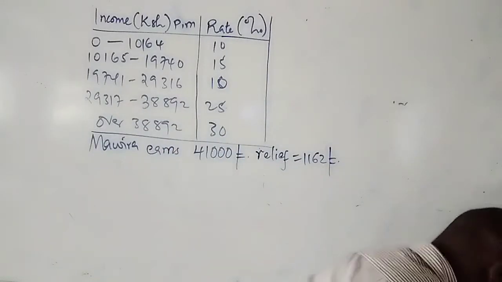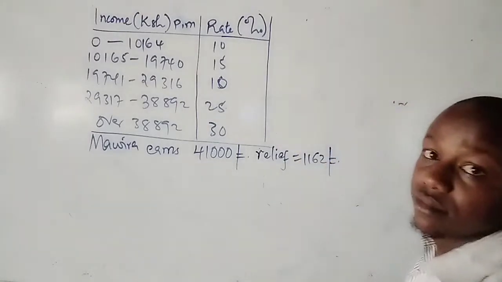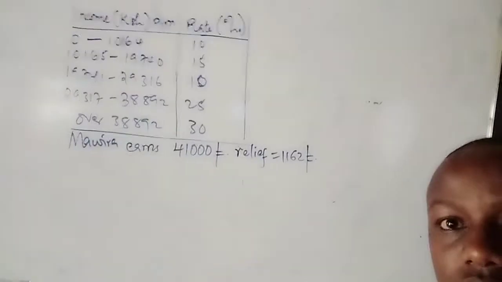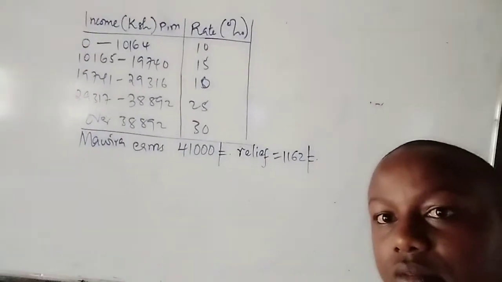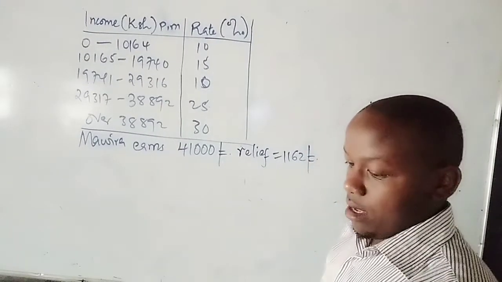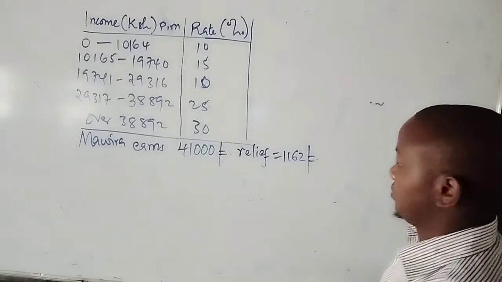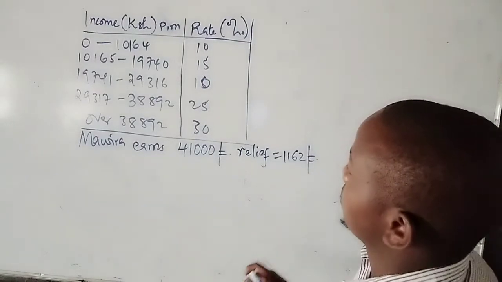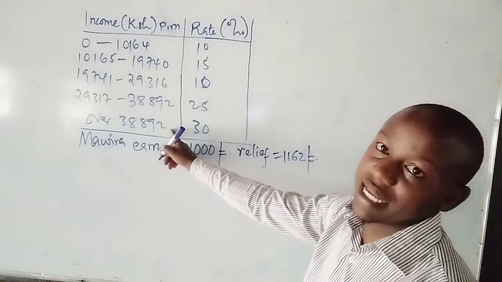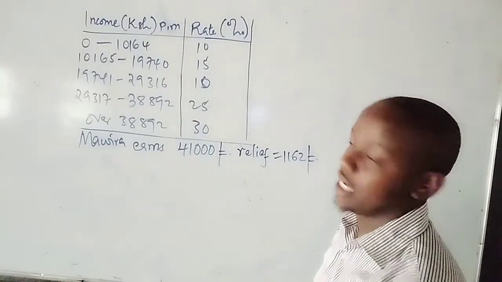So how do we go about this one? We first examine the taxable income for this person against the table. We will tax up to the last bracket because 41,000 is above 38,892.